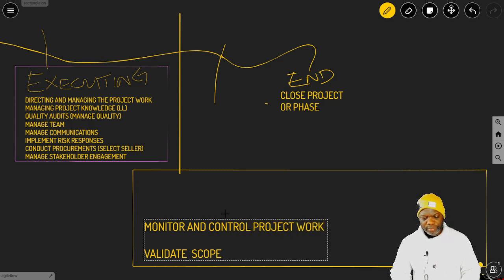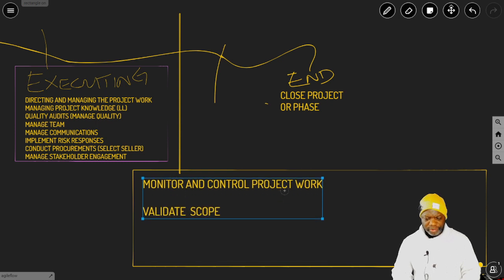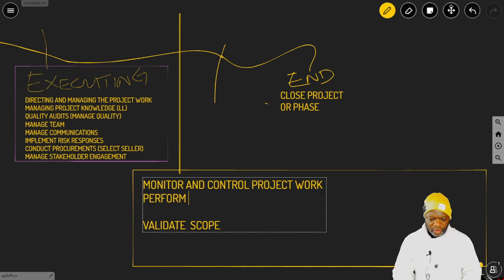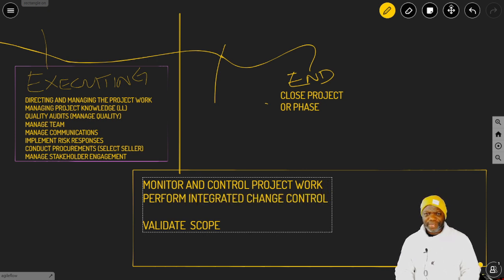And this means you're monitoring and controlling the work of the project. You're integrating it so that everything gels together. Then we have perform integrated change control. What this means is you are intentionally managing change requests that come in.